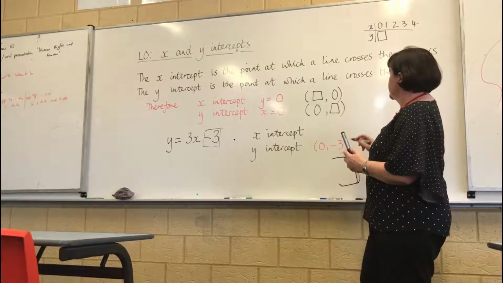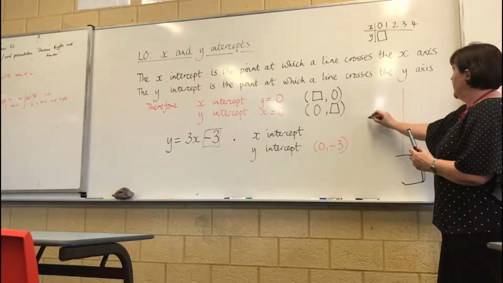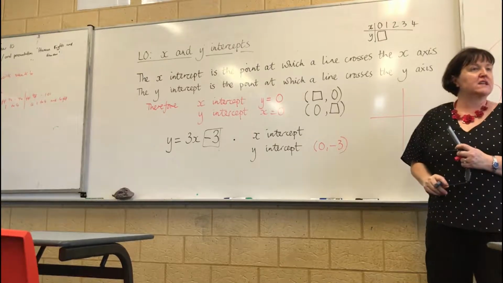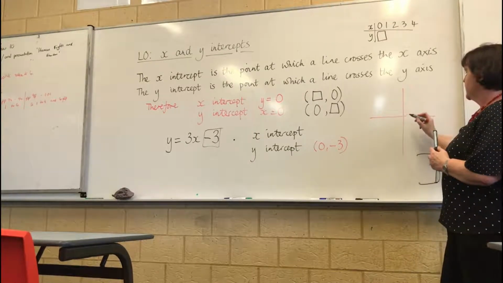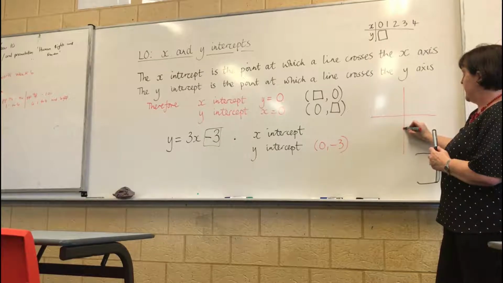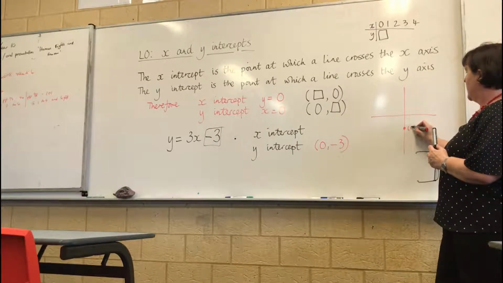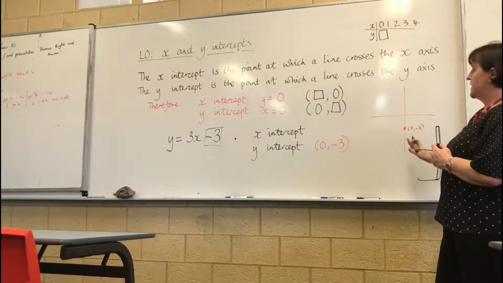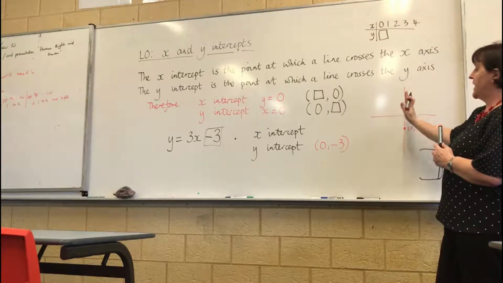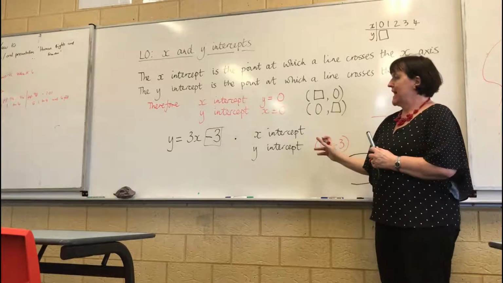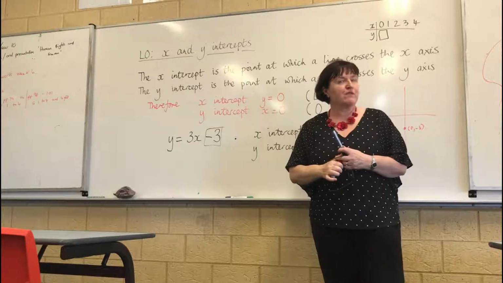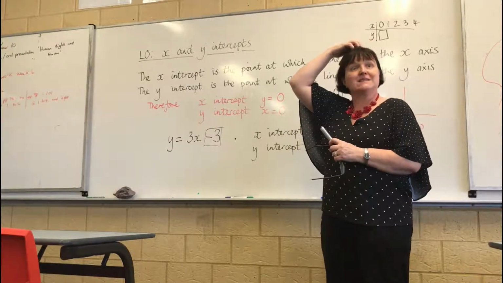So if we were to have our Cartesian plane, 0 across, -3 down, that's where the line would cross the y-axis. So the y-intercept. Now, can anyone remember how we find the x-intercept?